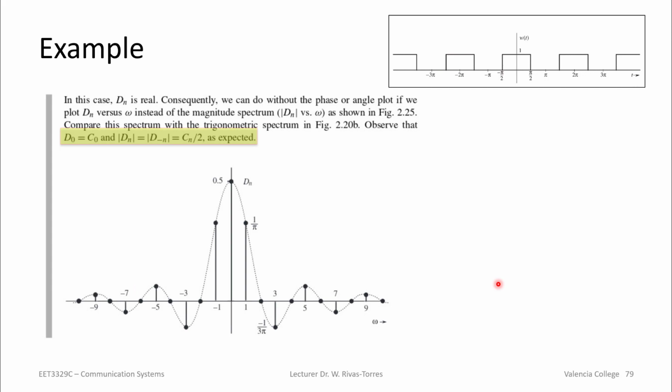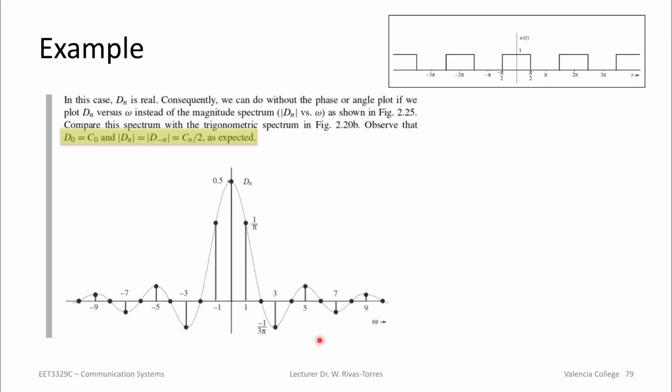Remember that I just mentioned a little while ago that D0 equals C0. And observe that in this case, the magnitude of D n equals the magnitude of D of minus n. What that is saying is, we have DC around 0.5, and then these two will be the same.